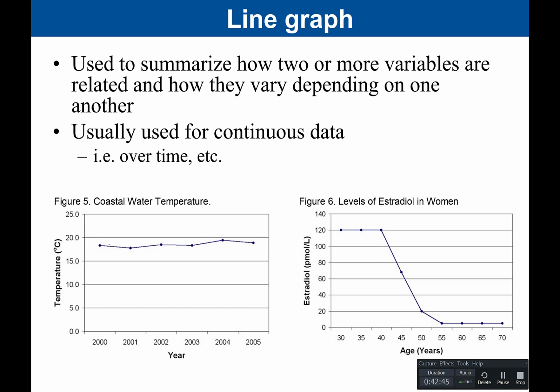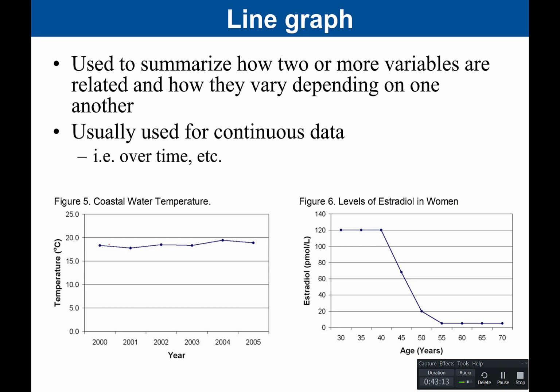The graph on the right is looking at the levels of estradiol in women, so looking at basically estrogen precursors. So age is in years, and then estradiol concentrations. You want to make sure that they're on the right axes. So does the estradiol concentration depend on a woman's age? Or does a woman's age depend on her estradiol level?